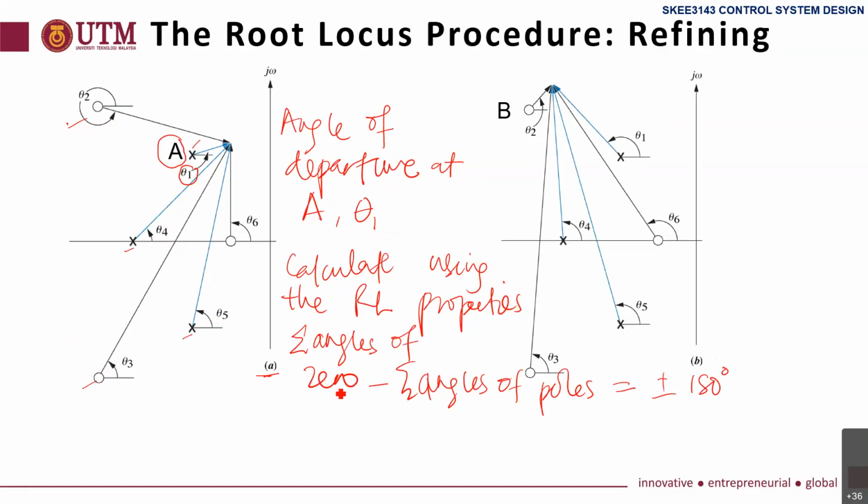So we use this formula. Total angle of zeros minus poles equals 180 degrees. It can be plus, can be minus. Same point, same direction.